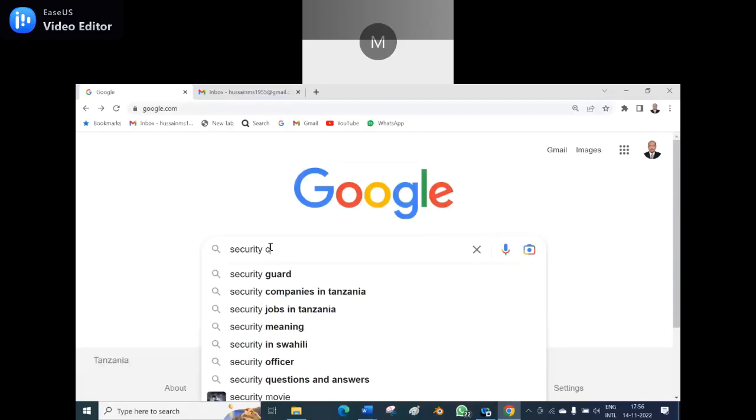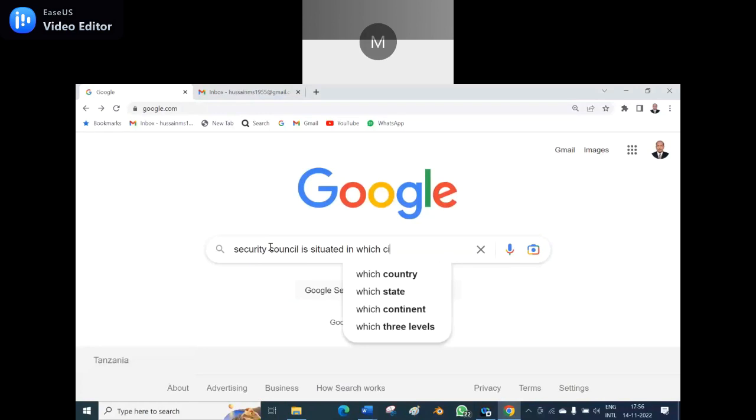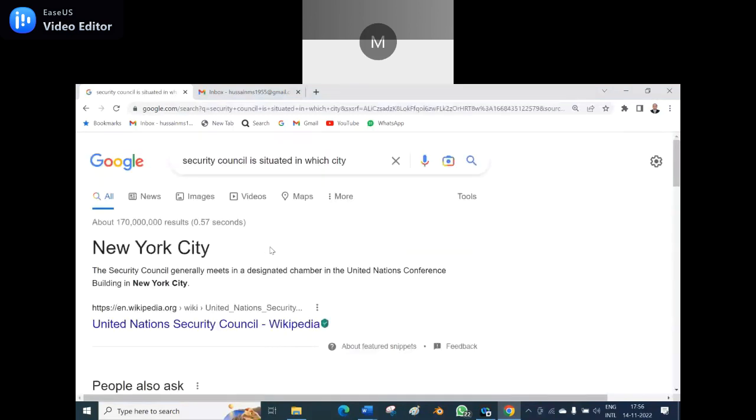If you don't know, say you don't know. Read what I posted on the screen. The Security Council is situated in New York City. Why are you silent? If you don't know, say you don't know. Sir, we are feeling shy to say we don't know. Don't kill the time. Or you say pass. I will give the answer.